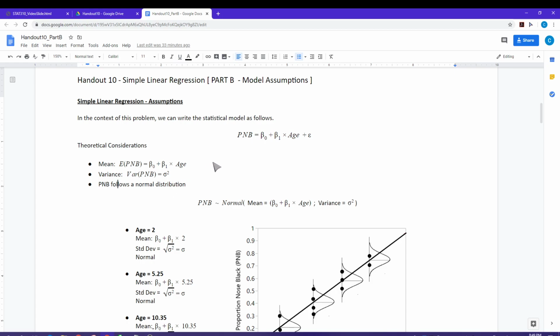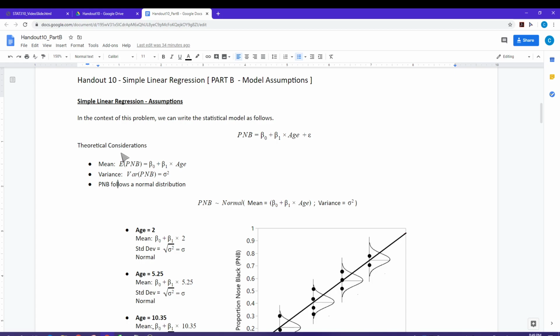So in order for the theory to work out, and in order for those tests and confidence intervals that we considered in Part A to be valid, the distribution of the response should follow a normal distribution. Now, in practice, we need it for the theory to work out.